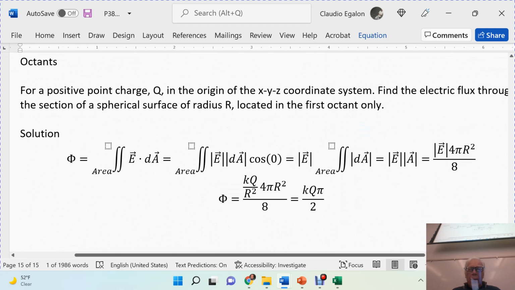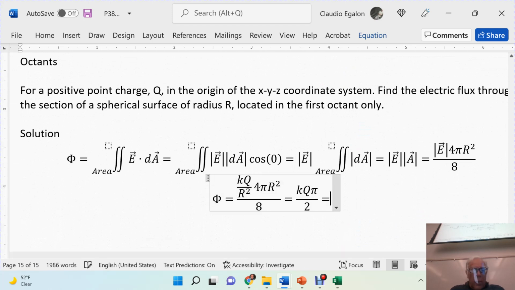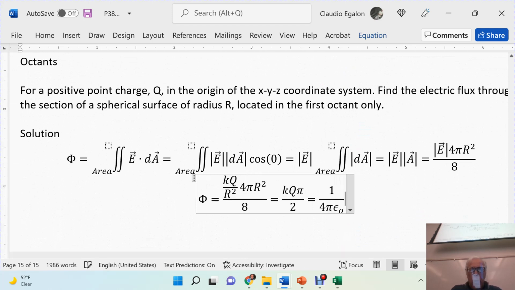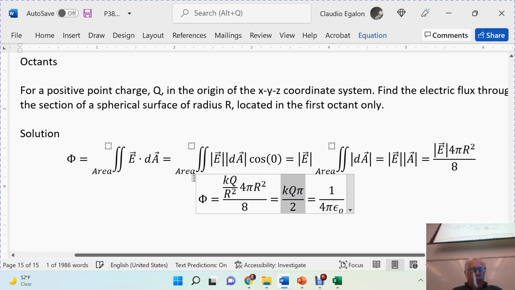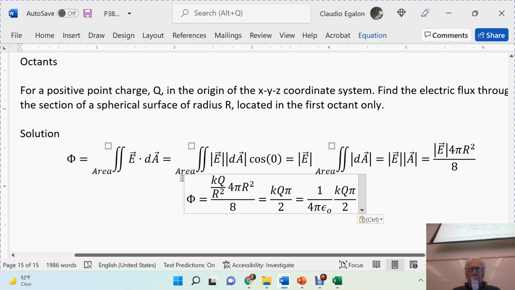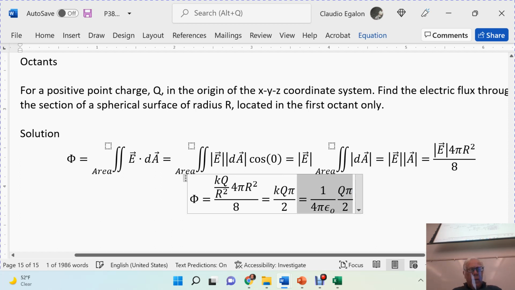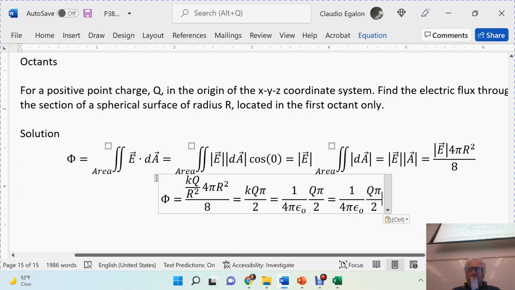Okay, so here we go. And then we gotta multiply for everything else, right? Okay, the pi cancels. Oh, the K disappears. You can leave it either in terms of K or in terms of epsilon naught.